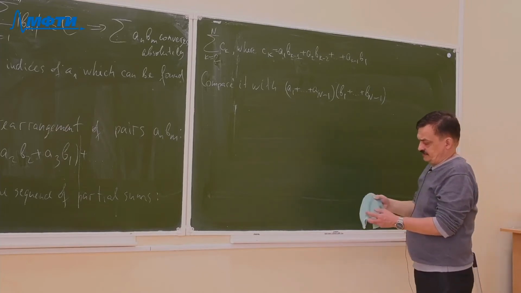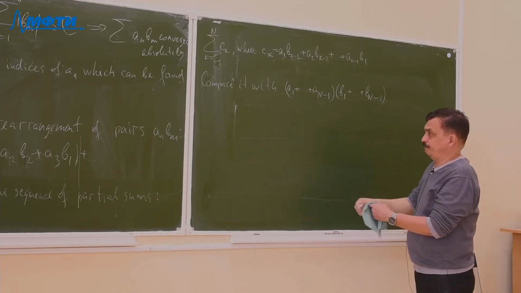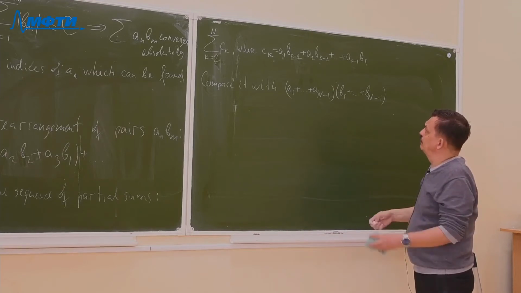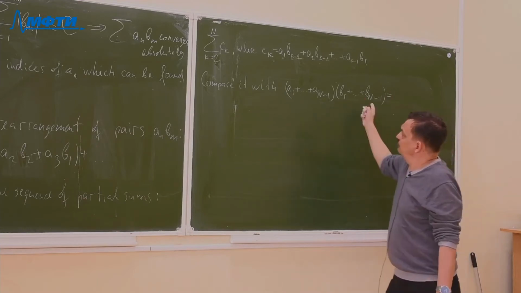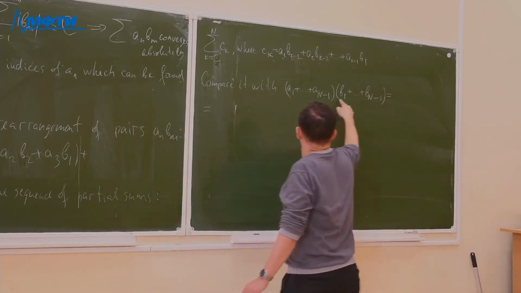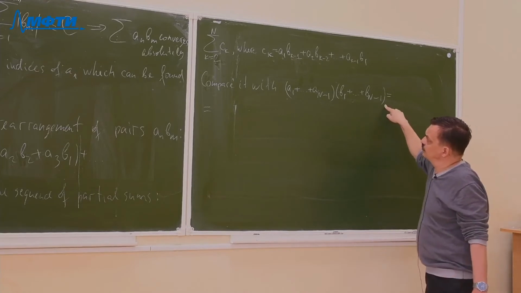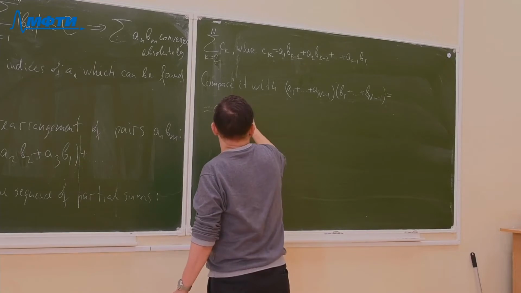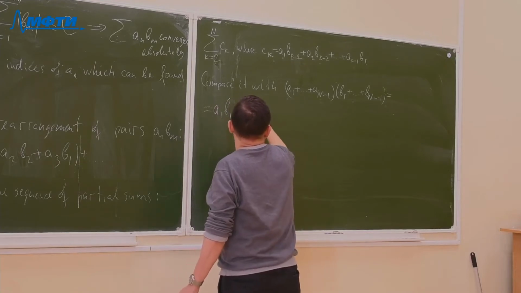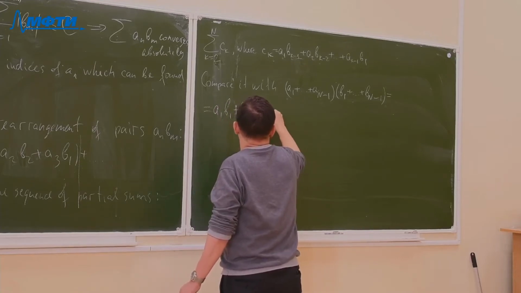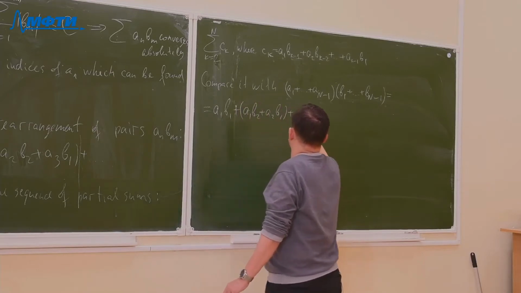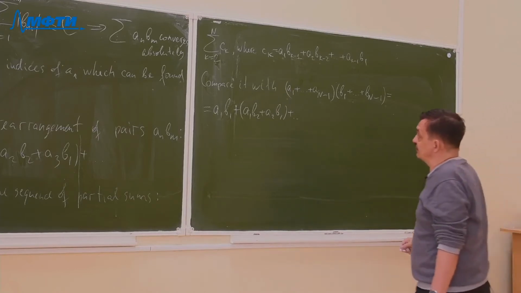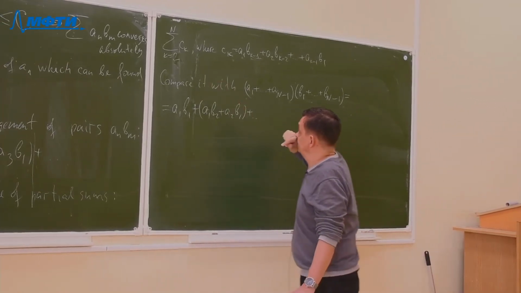What happens then? If we try to compute this product, we'll obtain a similar thing: A1 B1 plus A1 B2 plus A2 B1 plus so on. But, of course, it will be different from what is written here.